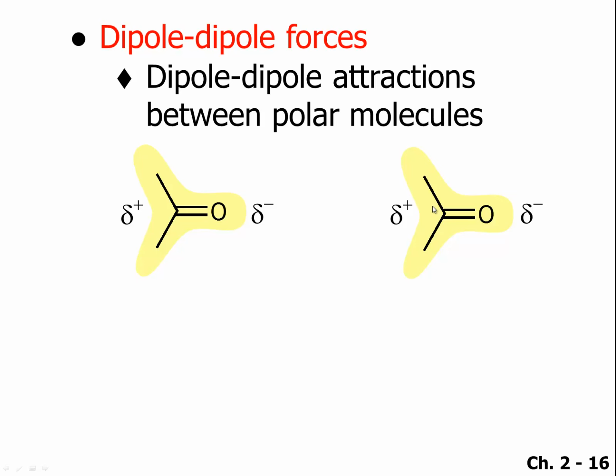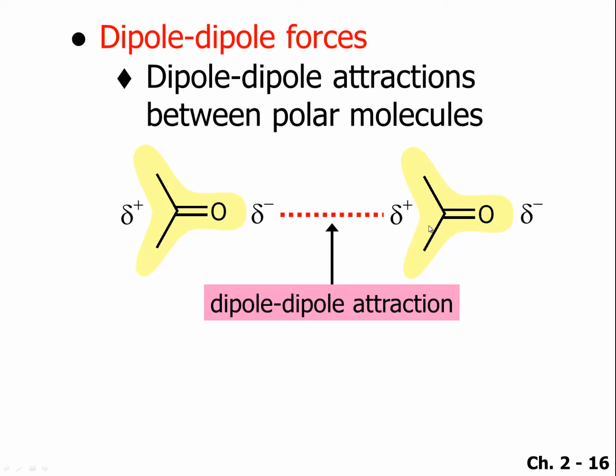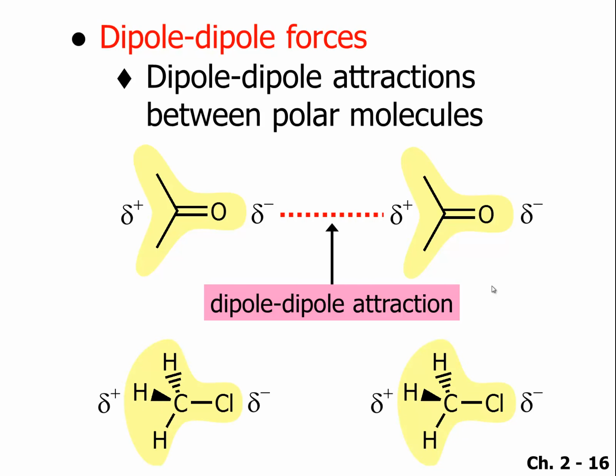And if we take another molecule of acetone, you'll notice that they're going to line up. And of course, as they line up, there's going to be an attraction between the partial negative of the oxygen in this molecule with the partial positive in this molecule. And that is what we call the dipole-dipole attraction. You can also imagine we could do this with that example we had of chloromethane.